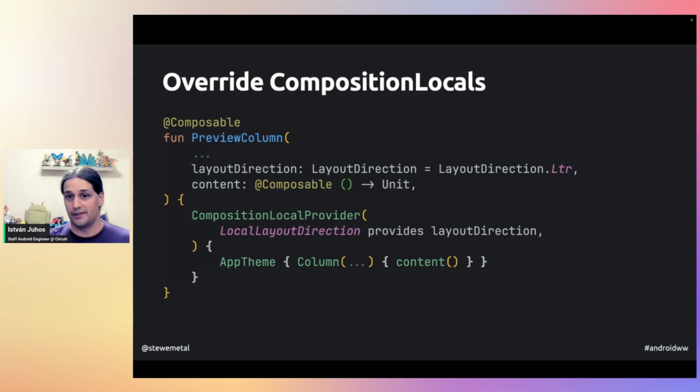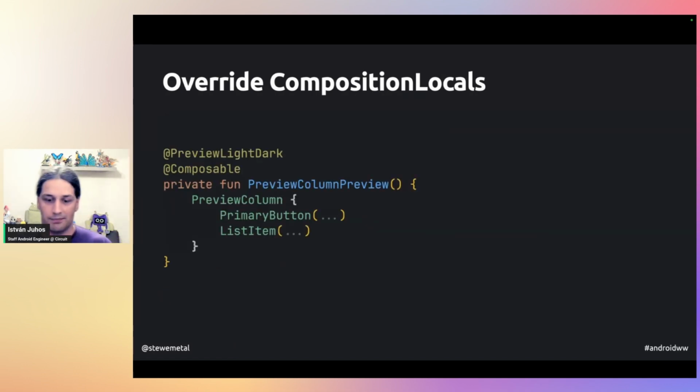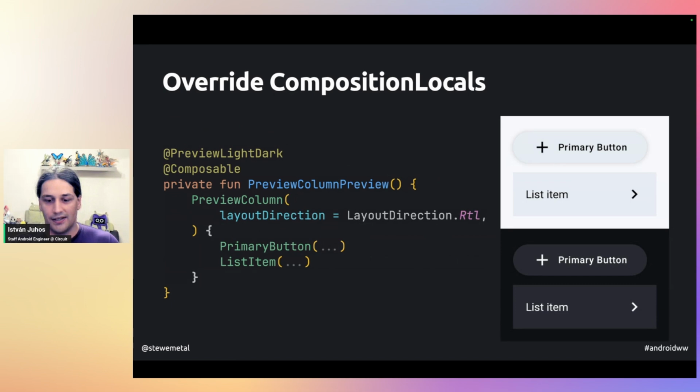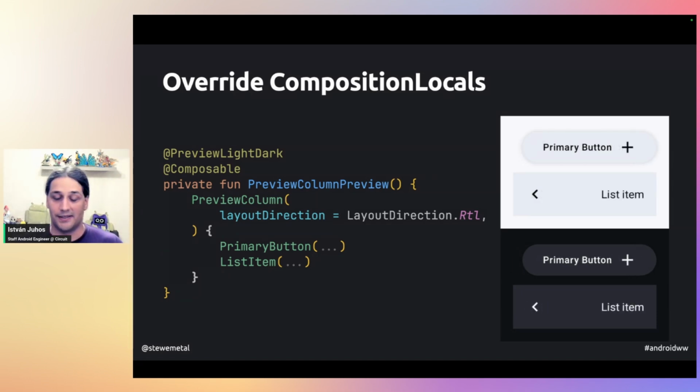So we can do that in our preview tooling composables as well, of course. And this way, if we override local layout direction, by default, it will be left to right. But if we start to use it, we can easily add the layout direction setting as RTL in our preview column, and instantly the preview will be easily previewable in right to left layouts.